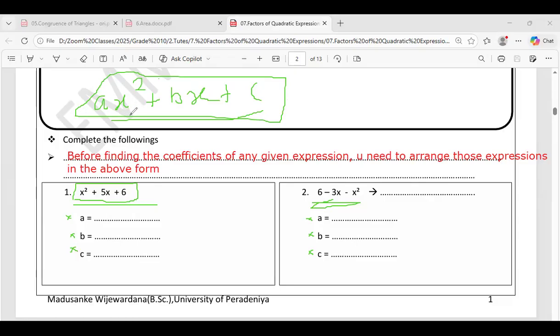This is ax to the power 2 plus bx plus c, and this one is somewhat different, so you need to prepare it in this form. Please get the answer for A, B, C of the first one, and of the second one. I will give you 2 minutes. Just try.